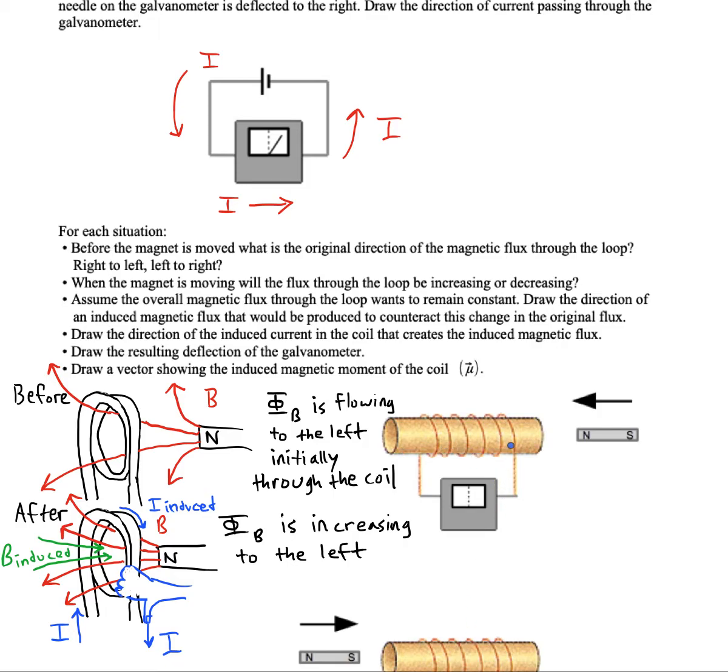Now we can go to our picture of the coil and show that current is flowing clockwise through it as that magnet is moved closer to the coil.